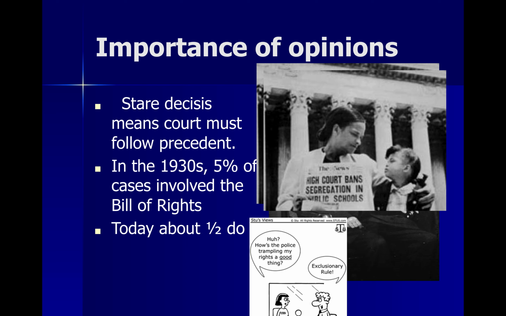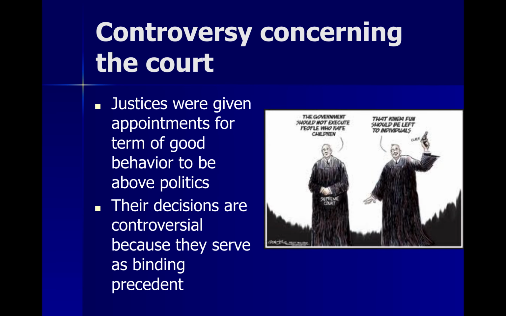Up to the 1930s, only about 5% of the cases involved the Bill of Rights. Today, about half of them do. Freedom of religion, freedom of speech, those kinds of things tend to be pretty controversial. The idea was that justices would be on there forever because they'd be above politics.